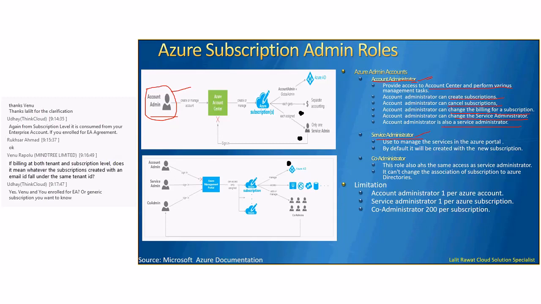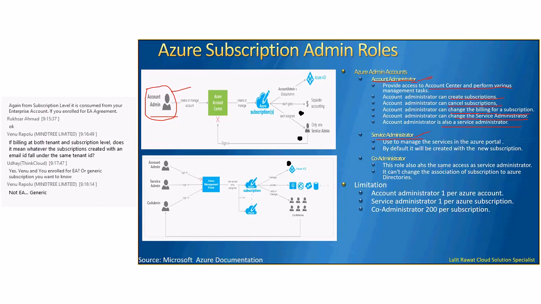But yes, you can add a co-administrator. The co-administrator has the same role as the account administrator and is associated with your Azure subscription directory. Whatever rights an account administrator has, the co-administrator has almost similar rights, but they cannot delete or cancel the subscription. That right is always reserved for the account administrator.